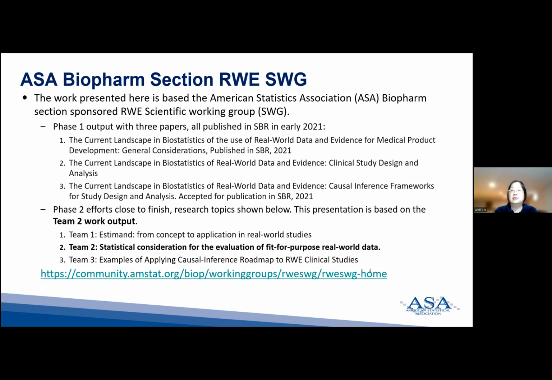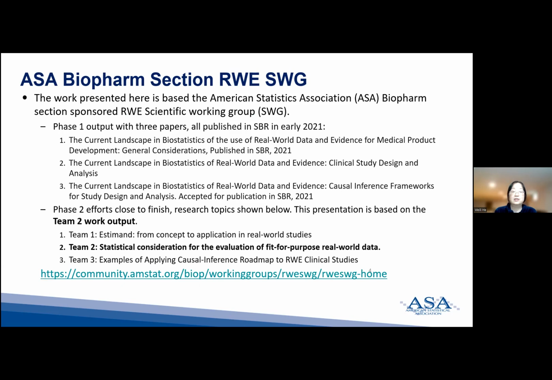As you can see on the slides, we have 3 papers: on the current landscape in biostatistics of using real-world data and evidence for medical product development, which is a general consideration; the second paper on clinical study design and analysis; and the third paper on the causal inference framework for study design, analysis, and analytics.